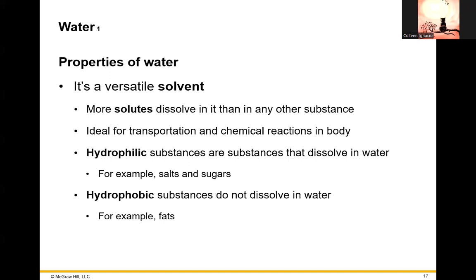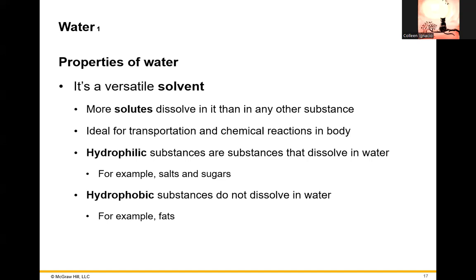So if I was to make lemonade and use powder, the solute would be the powder and water would be the solvent. And so water is really ideal for transporting chemicals throughout the body, and it's really important for fostering chemical reactions in the body. When we think about water, we need to think about hydrophilic and hydrophobic.